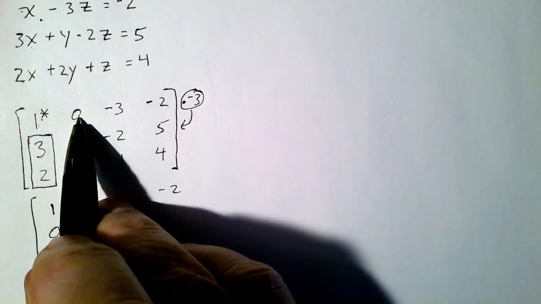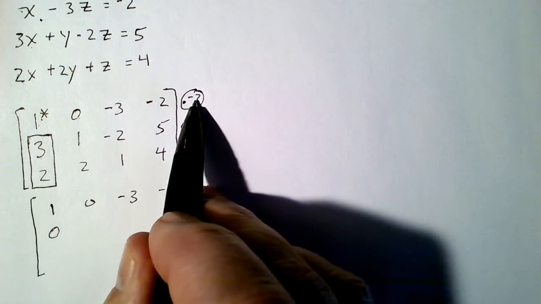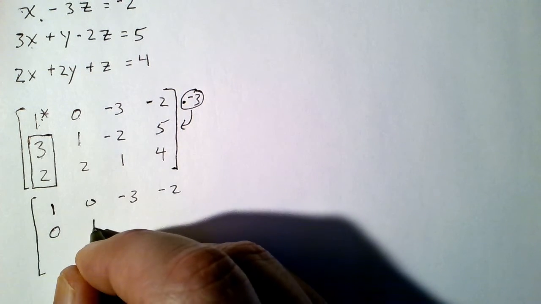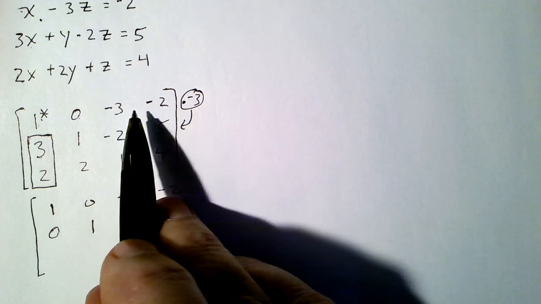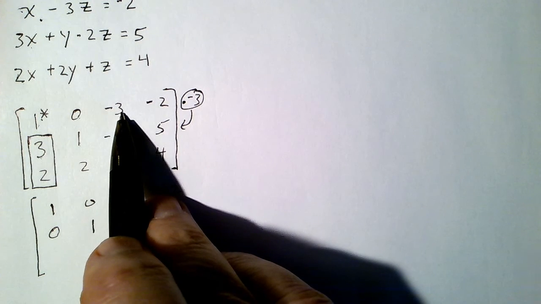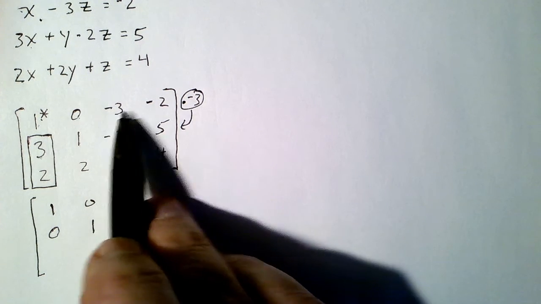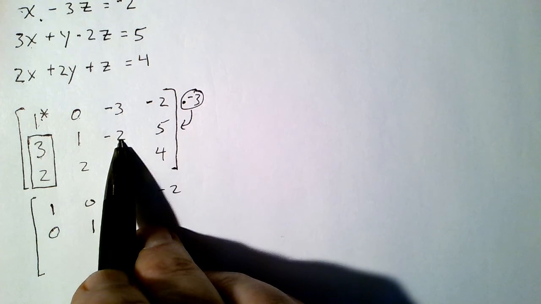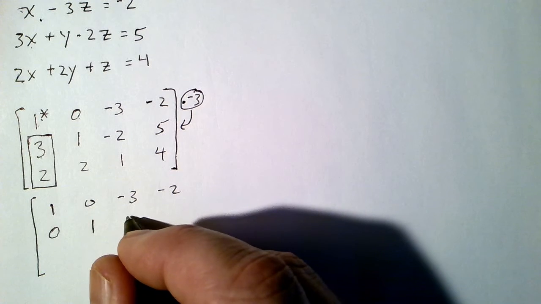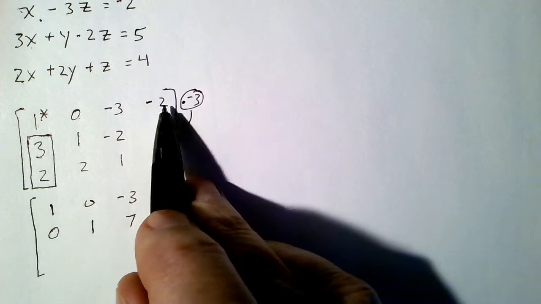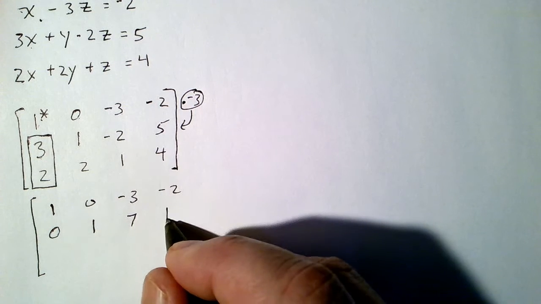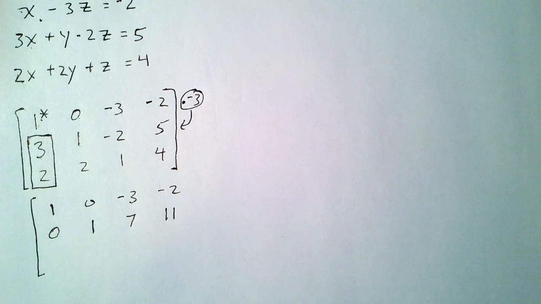Here's kind of a bonus 0, makes life a little bit easier. 0 times negative 3, 0, and 1, 1. Here's 9, negative 3 times negative 3, 9, plus negative 2, 9 minus 2, 7. 6, positive 6 and 5, 11. Okay?